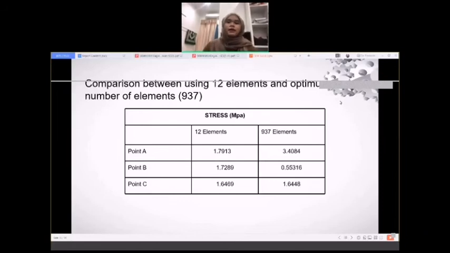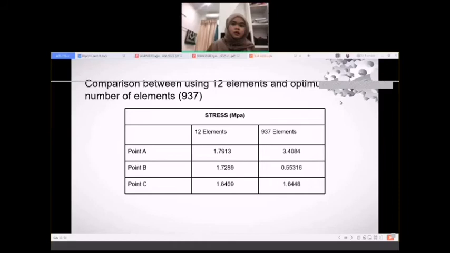Okay. So the next example I will use is the stress. As you can see, the one for the 12 elements for point A is 1.7913, while the one for the 937 elements is 3.4084. And for point B, the 12 elements one is 1.7289 MPa, and the one using the optimum number is 0.55316.